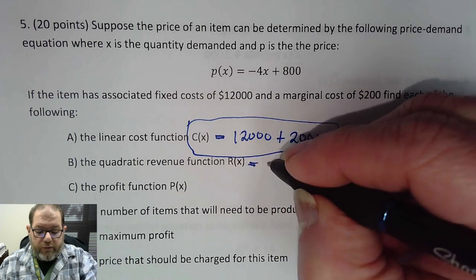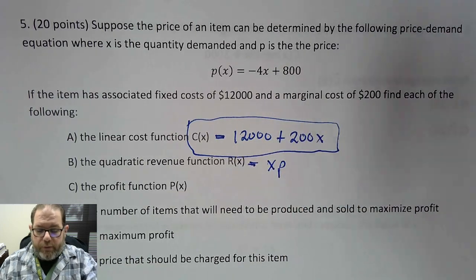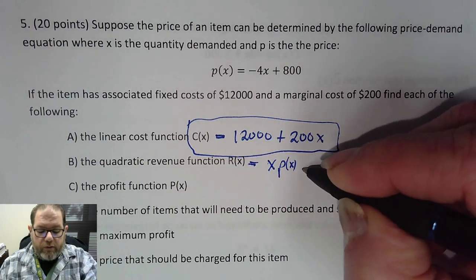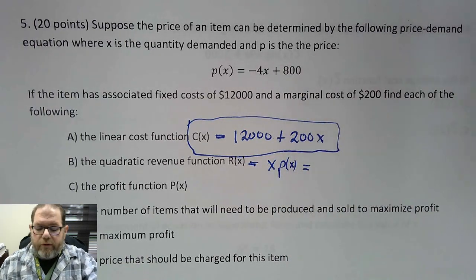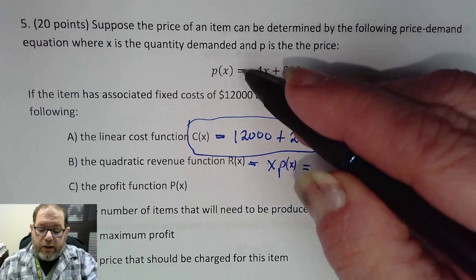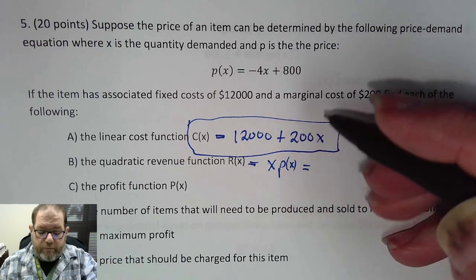Revenue, R of x, is going to be x times P of x. That's our price. So x times the price is our revenue. So we'll plug in negative 4x plus 800 for P of x.